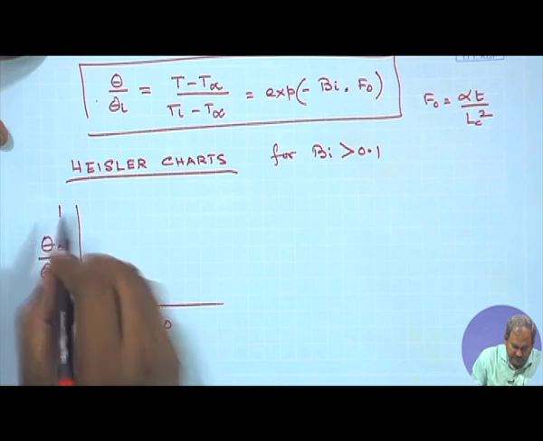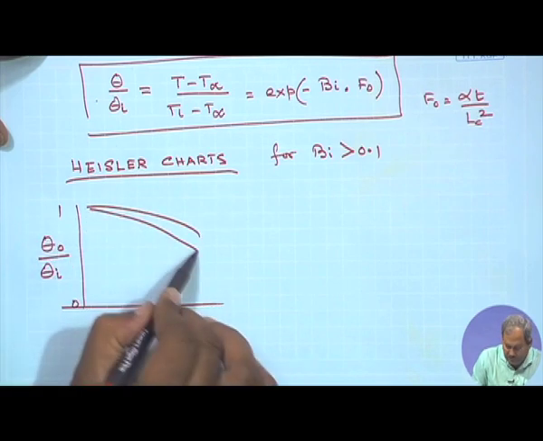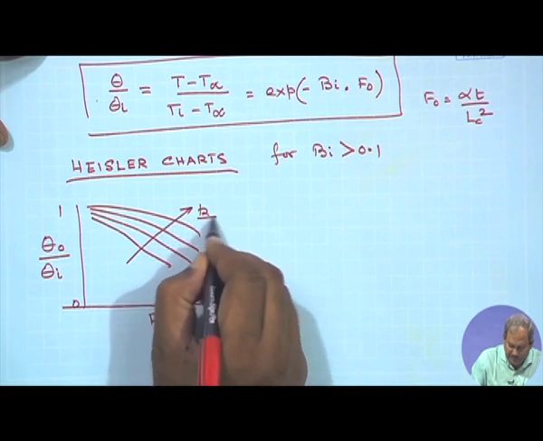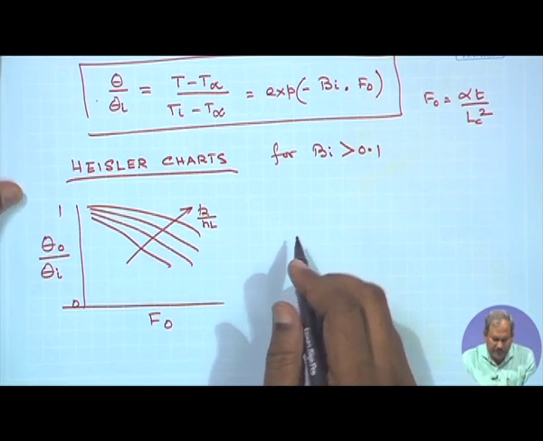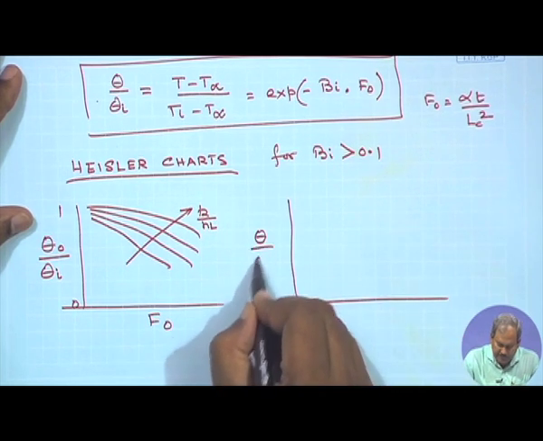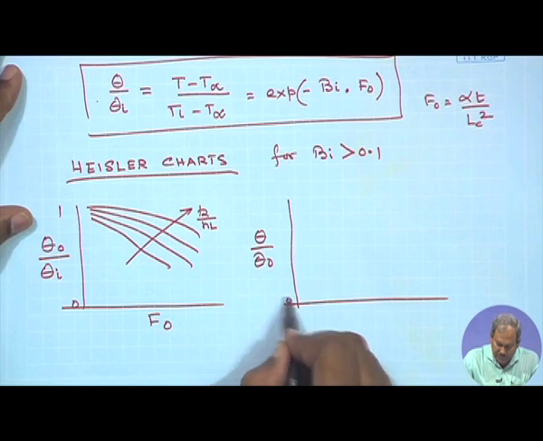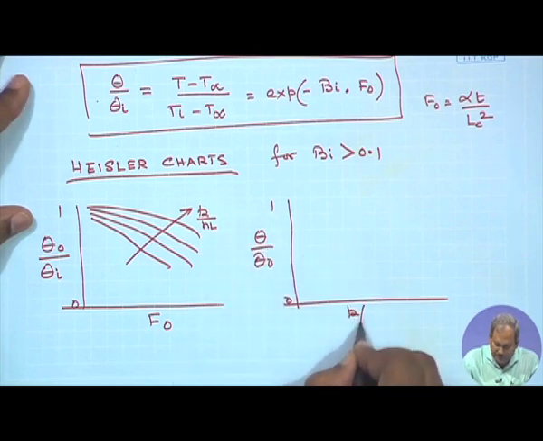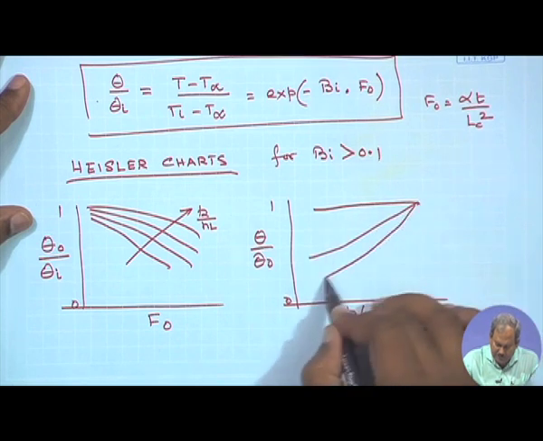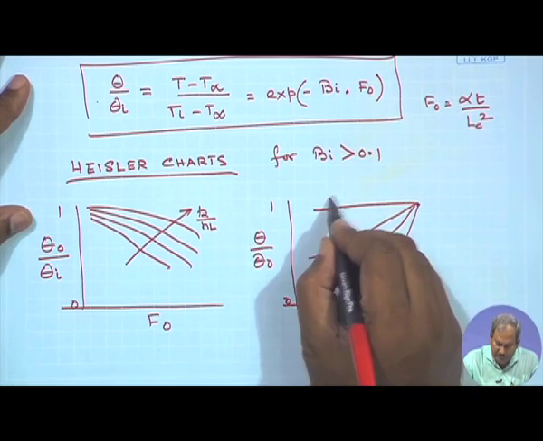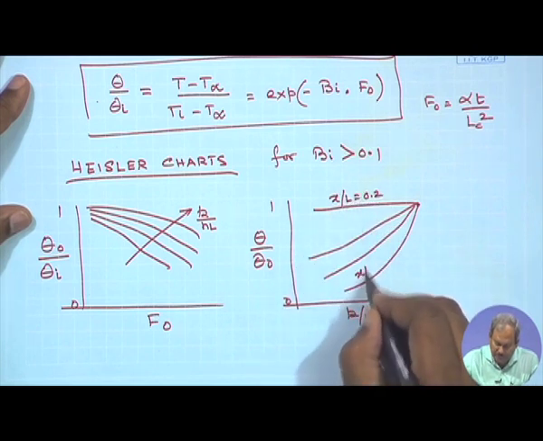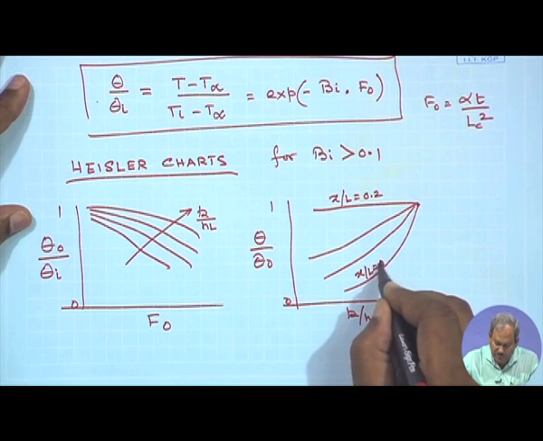This is between 0 to 1, and you get a family of curves like this for different values of k by hL, and similarly you get theta by theta 0 as a function of k by hL. So these are x by L equal to, let us say, 0.2 to x by L equal to 1.